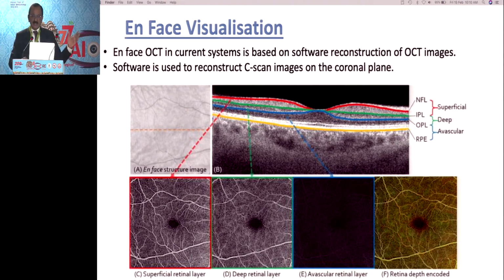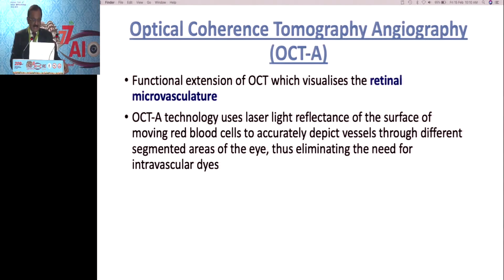With this OCT, which all of you are used to, the en face visualization came in, which is based on the software reconstruction of the OCT images, where you're able to see the retinal layers in the coronal plane, and see how at each layer the structure is maintained.